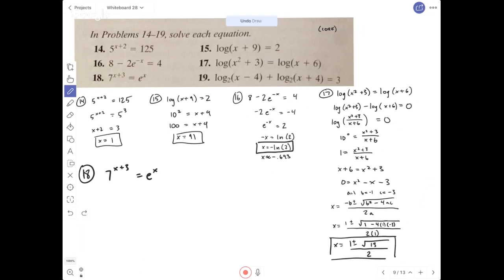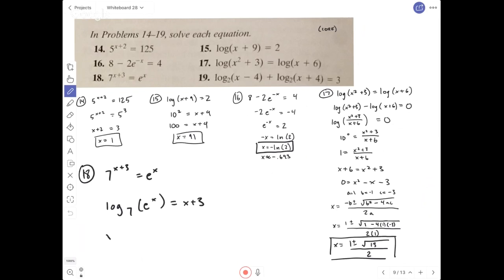Well, let's try using a log. So log base 7 of e to the x equals x plus 3.